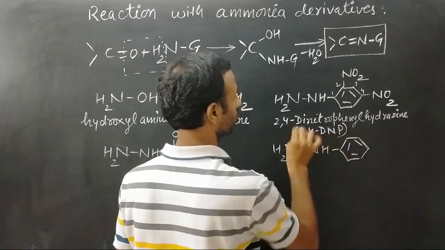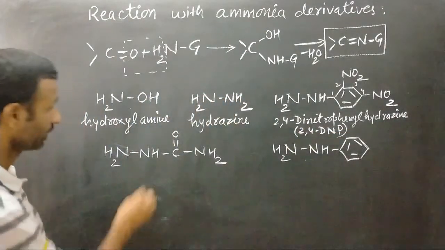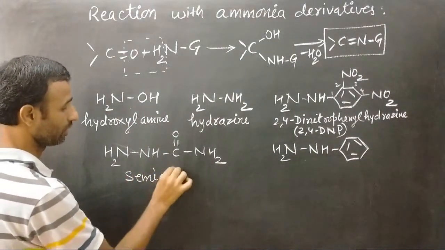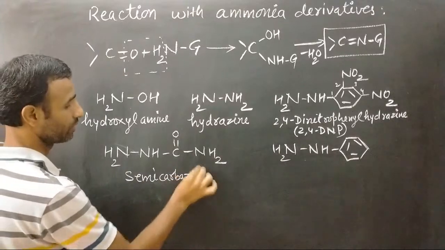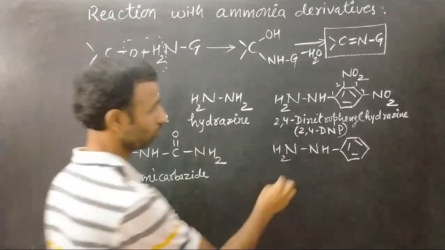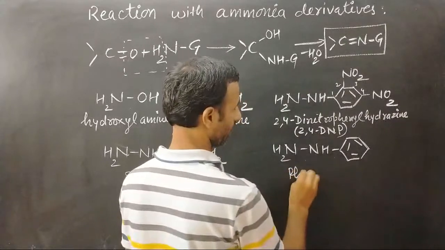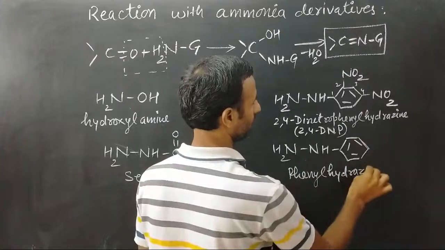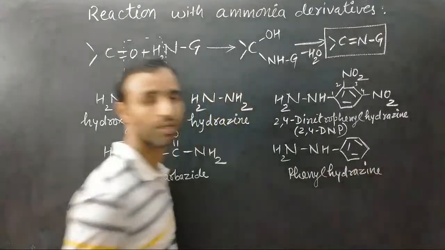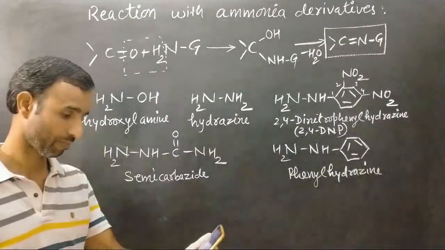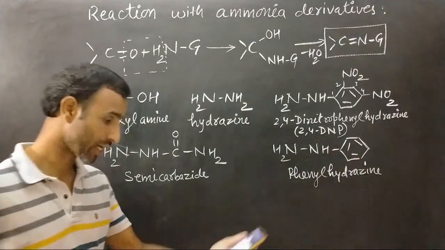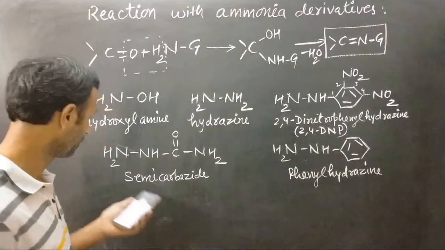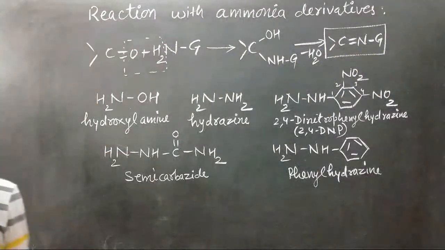In short, it is called 2,4-DNP. This is semicarbazide, and this one is phenyl hydrazine. So these are the ammonia derivatives. Very good.